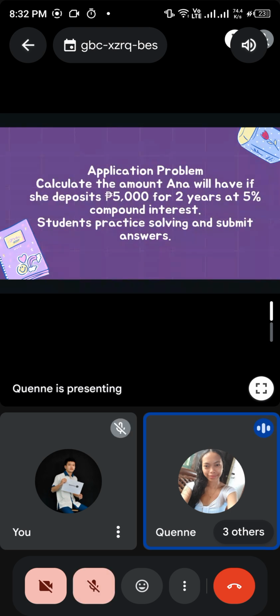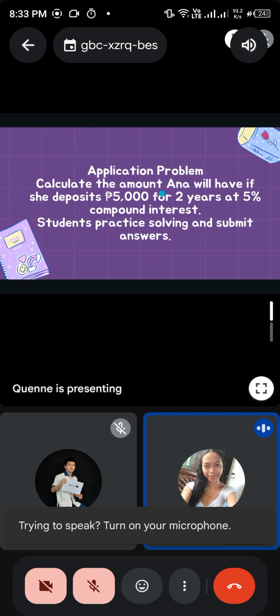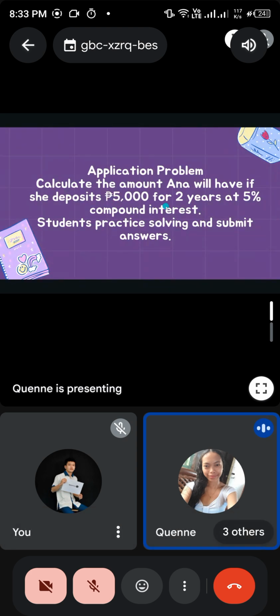And here's our application problem. You can solve it. Get your papers. Calculate the amount Anna will have if she deposited 5,000 for 2 years at 5% compound interest.